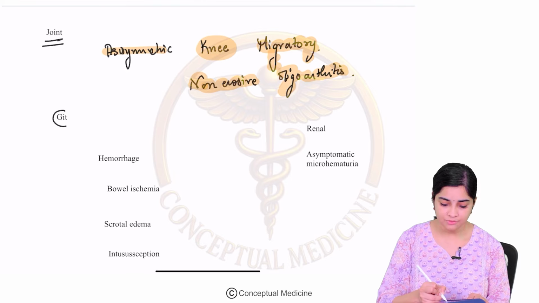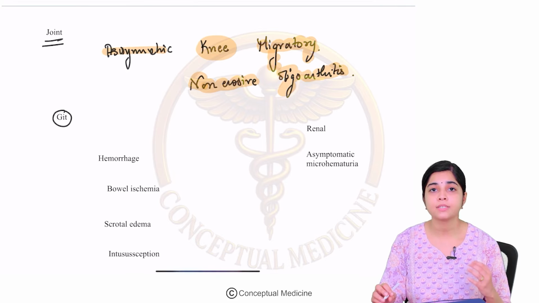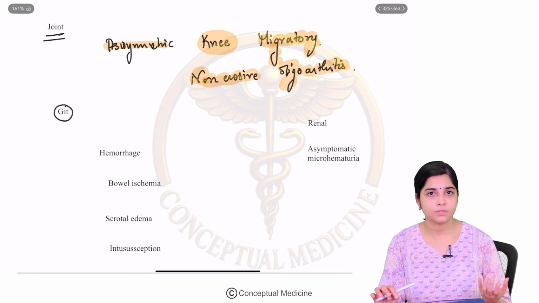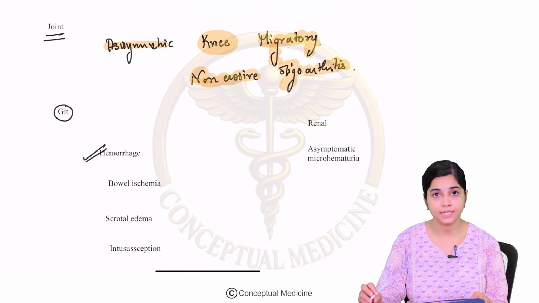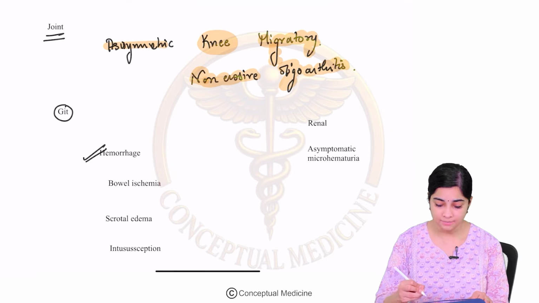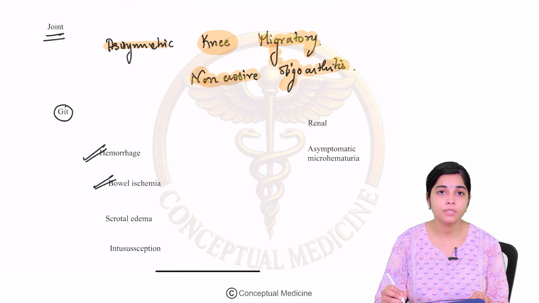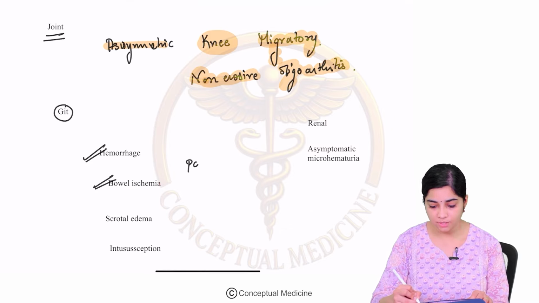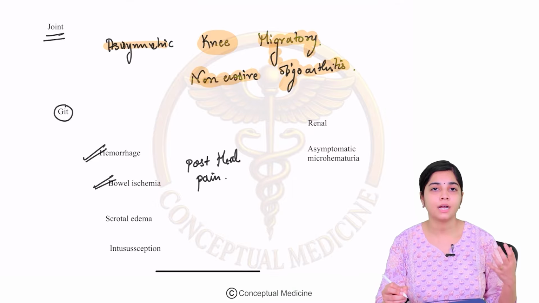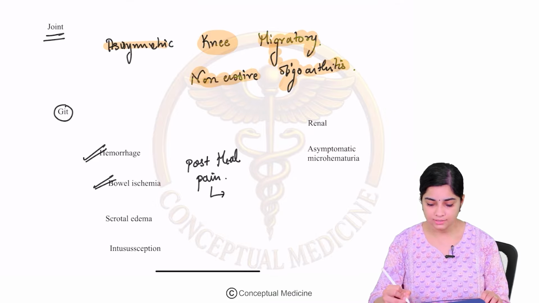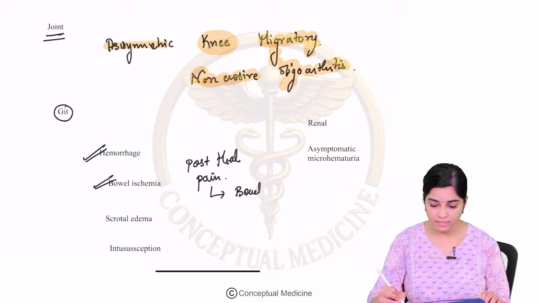Apart from that, you can have GI involvement, right? Because this vasculitis can to a certain extent involve the GI vessels as well and can present as massive GI hemorrhage, and it can cause bowel ischemia. So how does bowel ischemia present? It presents with post-meal pain similar to angina. In the heart you have angina, here this is what we call bowel angina.